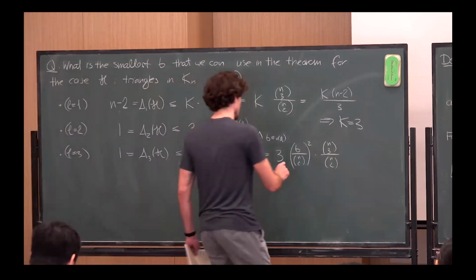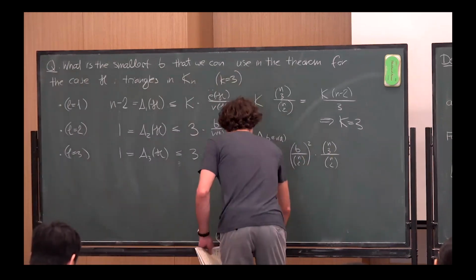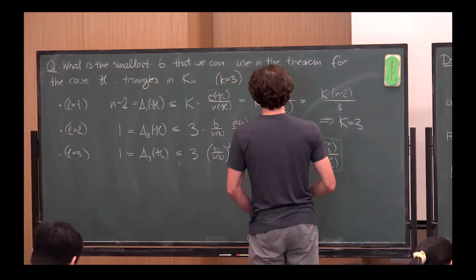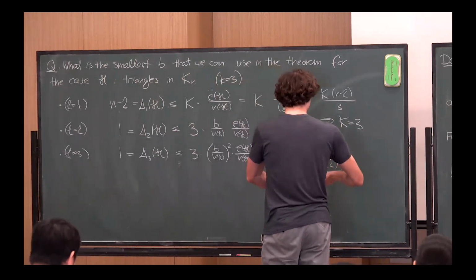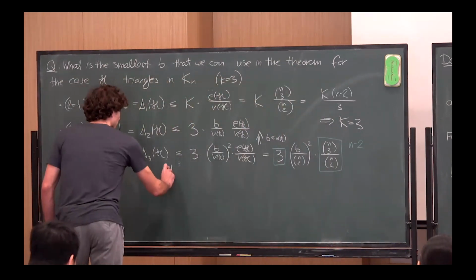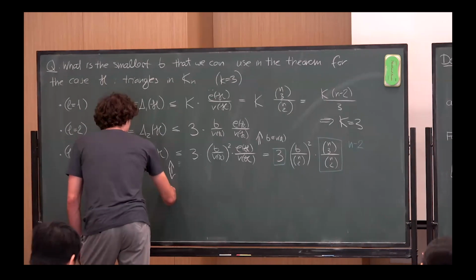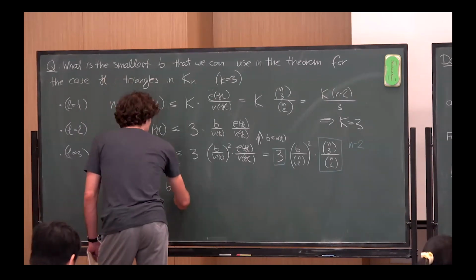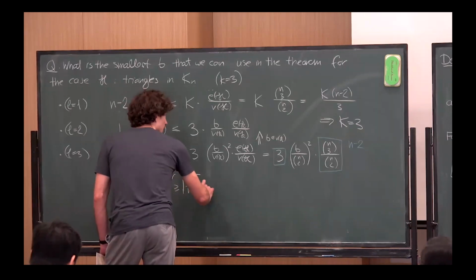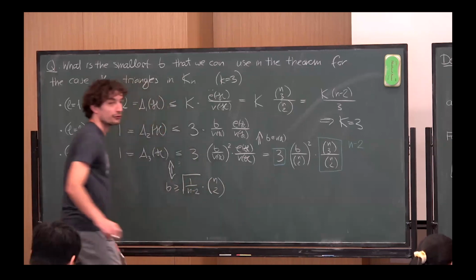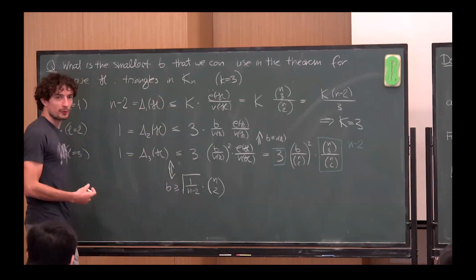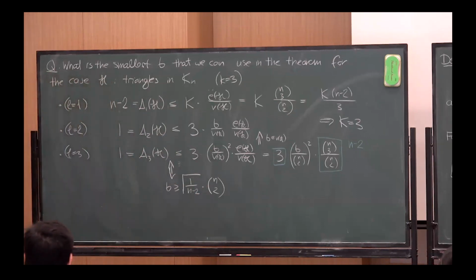Now we know that 3 times that is exactly n minus 2. And therefore, this is equivalent to requiring that b is at least 1 over n minus 2 under square root times n choose 2. I just multiplied by n minus 2, took square roots of both sides, and multiplied again by n choose 2.